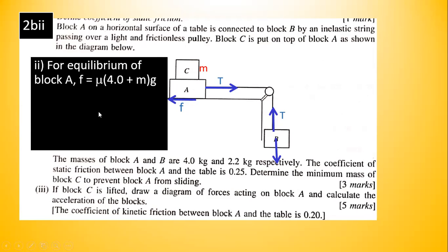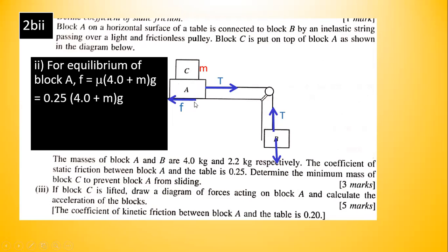For equilibrium of block A, you want to find the friction. So your friction is just your mu times the normal reaction. In this case, the normal reaction is the total mass, the mass of block C plus the mass of block A, which is 4, times g.